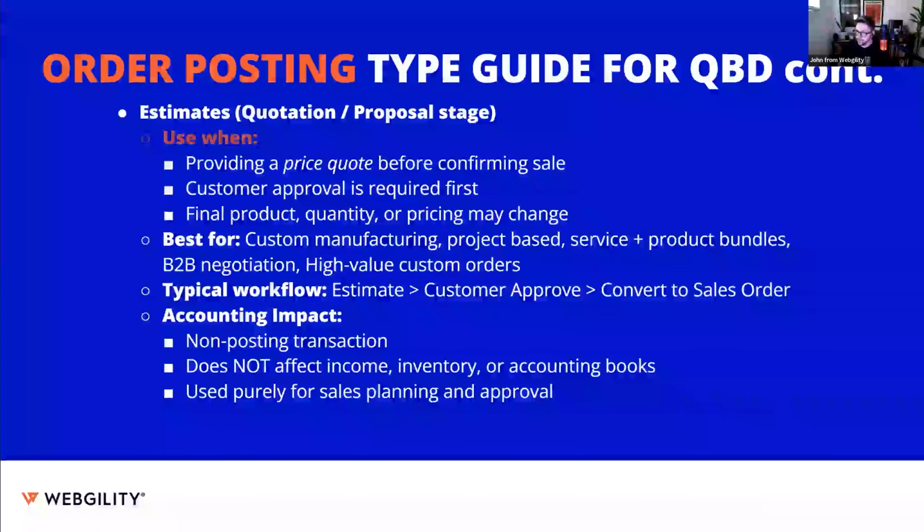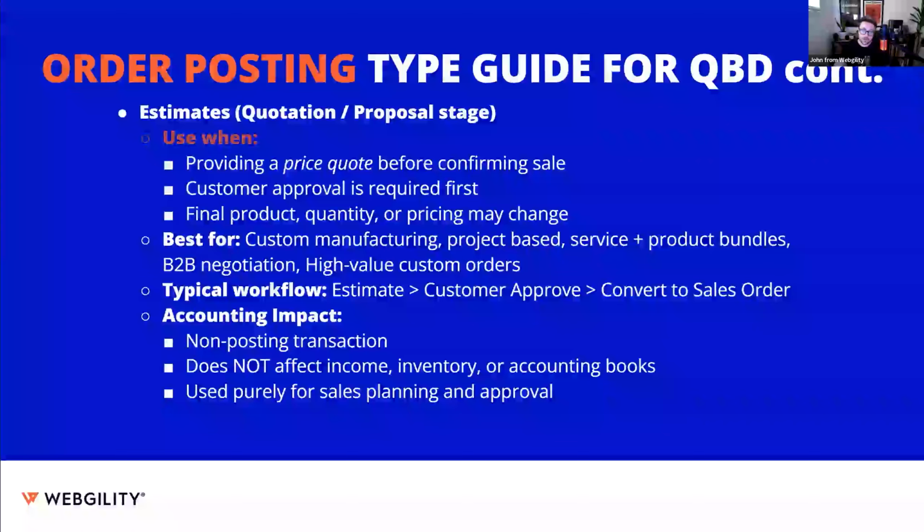I'm sure everybody here has made an estimate or at the very least heard of one. It provides a price quote before confirming the sale, and you need customer approval for it to proceed. That's the whole purpose of an estimate. And then the final product quantity or pricing might change after that estimate, so it's sort of a preamble to the transaction.